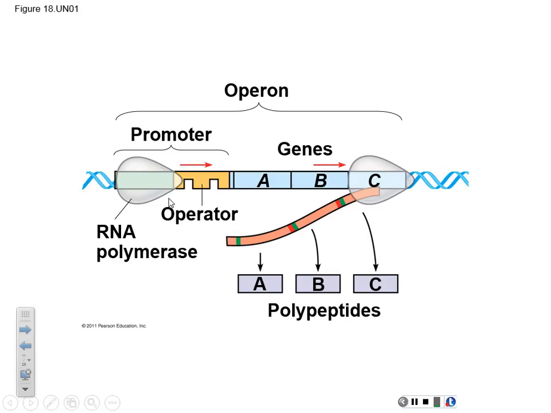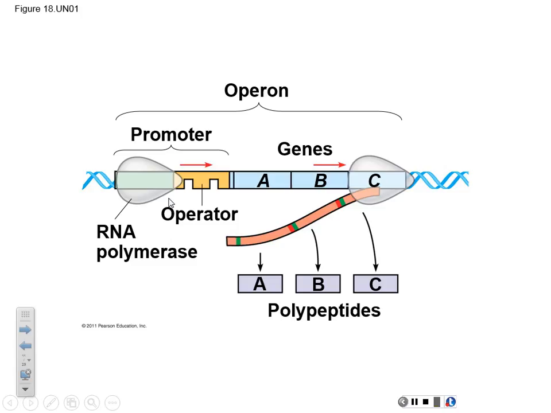So the RNA polymerase finds the beginning of a gene at the promoter, and if it initiates transcription, if it starts to transcribe that gene, it goes through the whole operon from the beginning, the 5' end, to the 3' end. And as it goes, it makes an RNA copy of all 3 of those genes, A, B, C, right next to each other, all at the same time.